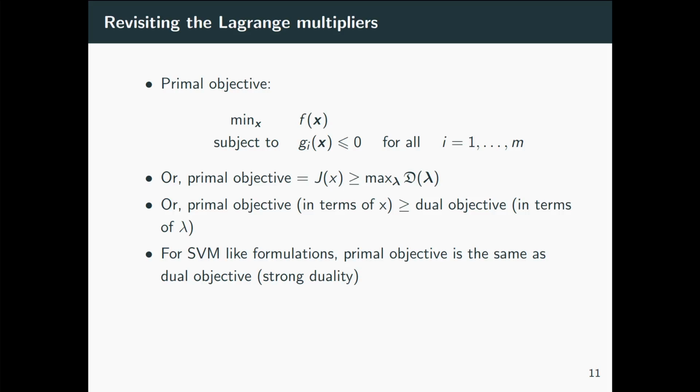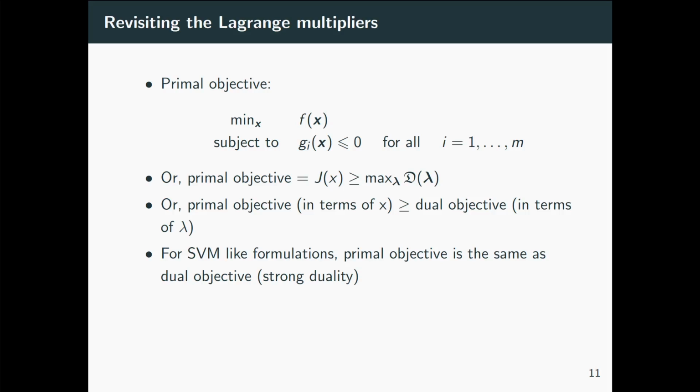This particular property is known as strong duality. This is how we can show that in the case of SVMs, the minimization of the primal, in terms of the primal variables w and b, is the same as the maximization of the dual, where the dual is in terms of the variables alpha, and you try to maximize that over alpha. So both of the objectives are the same. It's just the primal-dual way of looking at things.